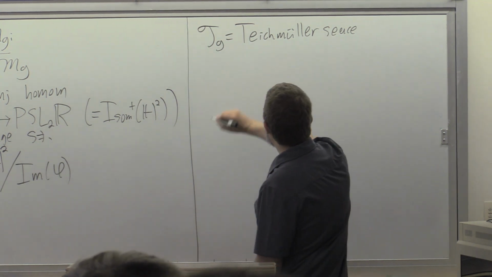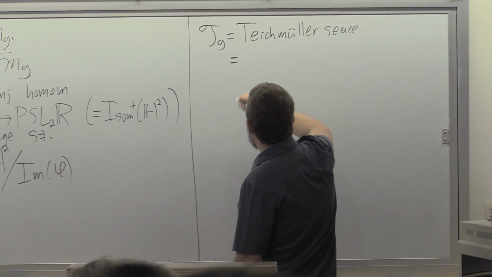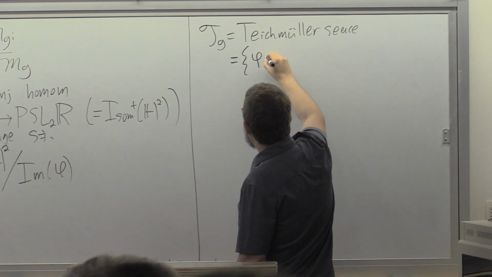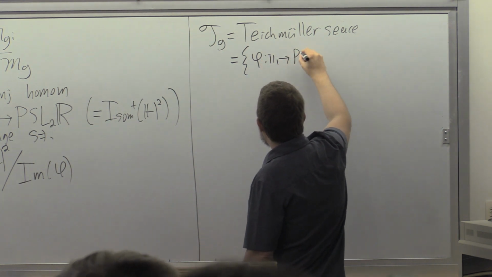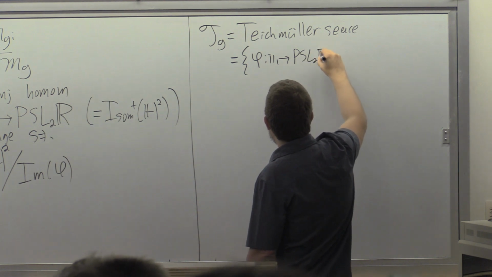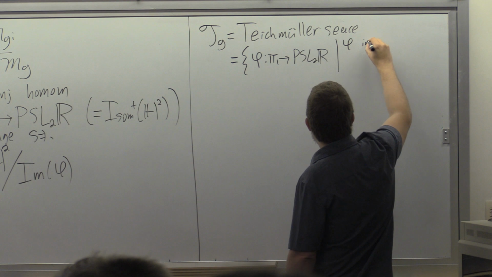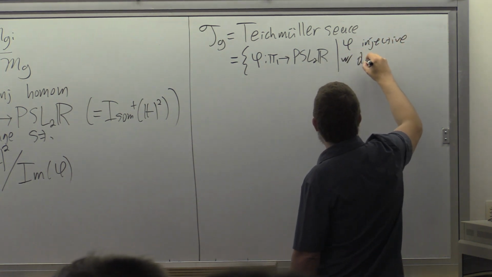So what is Teichmüller space? Well, it's the space of maps phi from pi_1 to PSL_2(R) such that phi is injective, with discrete image.